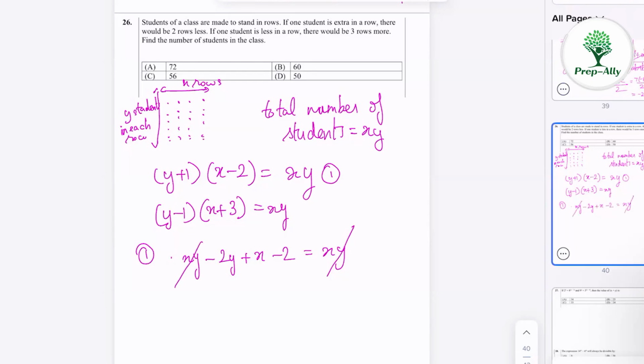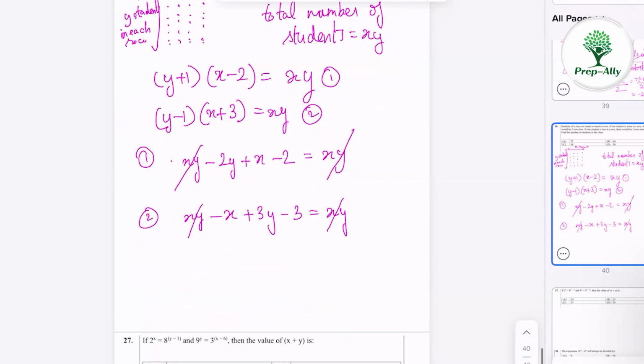And in the second equation, we have xy minus x plus 3y minus 3 equals xy. And these xy terms get cancelled. And we have from this equation that x equals 3y minus 3.